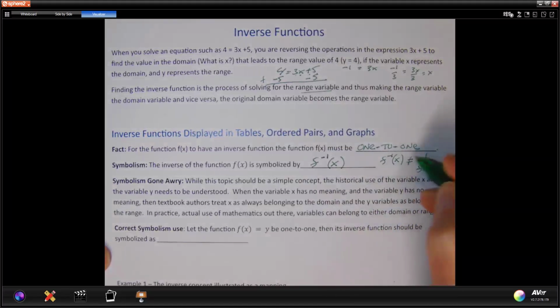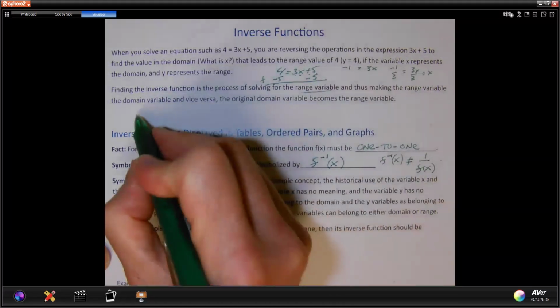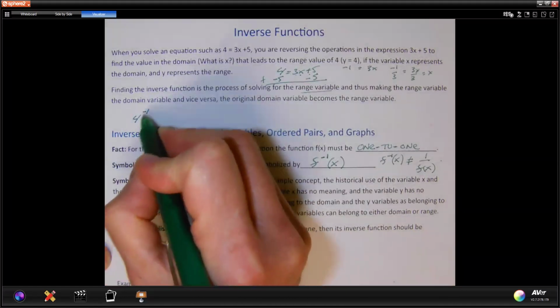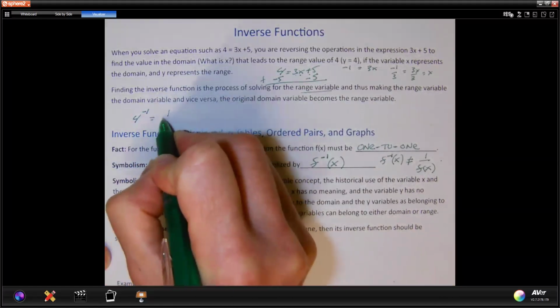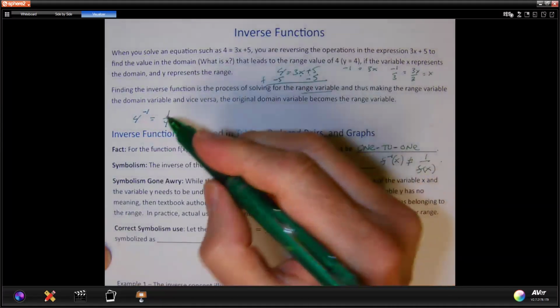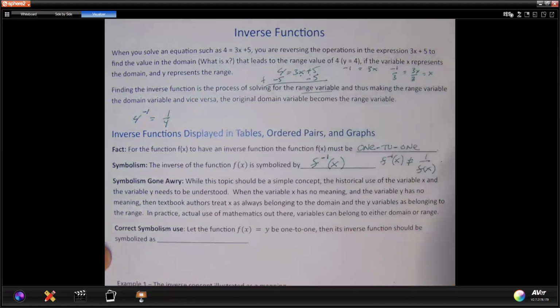So it's not the reciprocal. Sometimes people get confused and think of a number. In other words, what they're thinking about is the following: 4 raised to the negative 1 power is 1/4. Okay, but why use the symbol there?